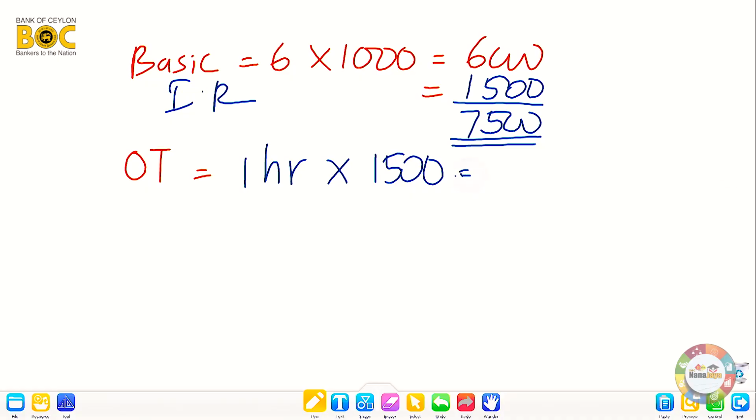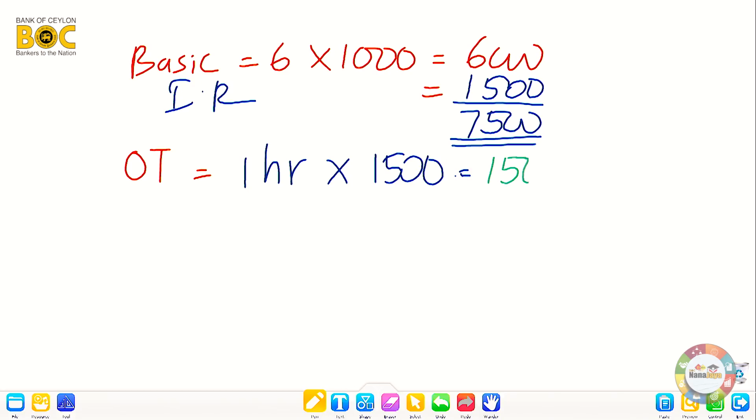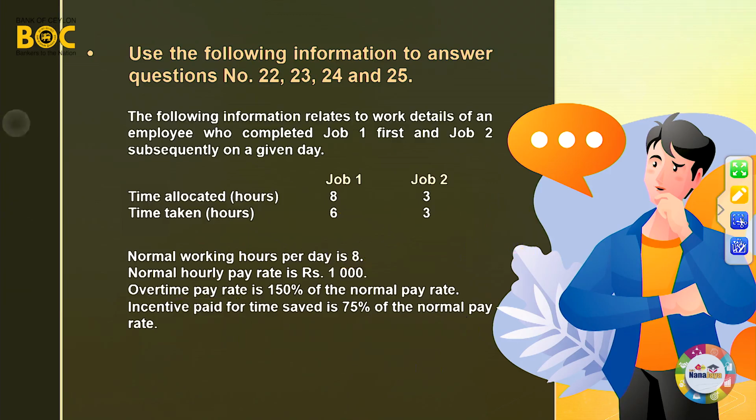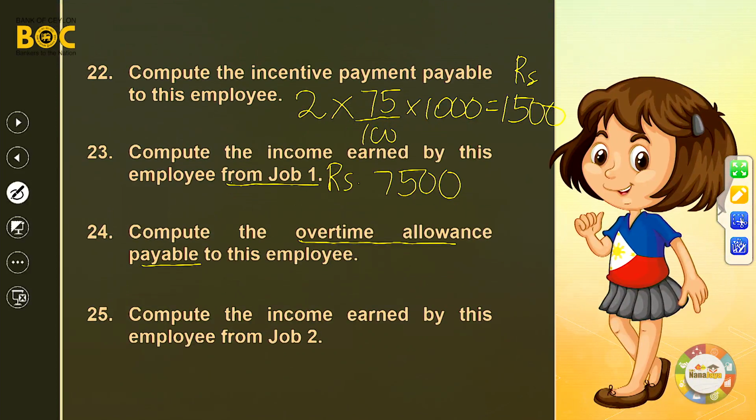The overtime is 1500 rupees. He has worked 1 hour overtime, the rate is 1500, so the overtime is 1500 rupees.